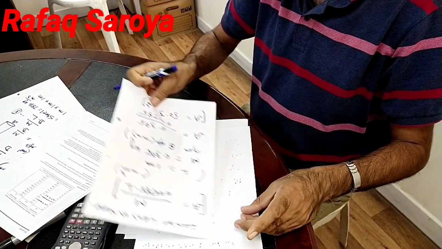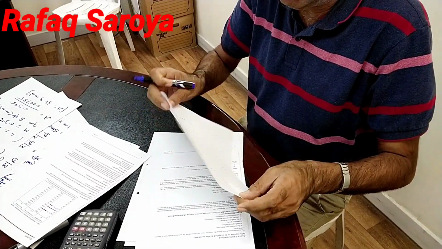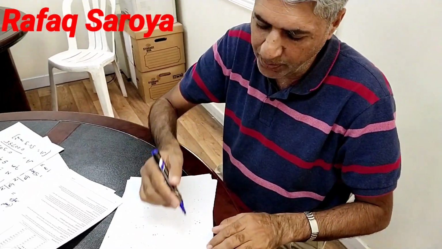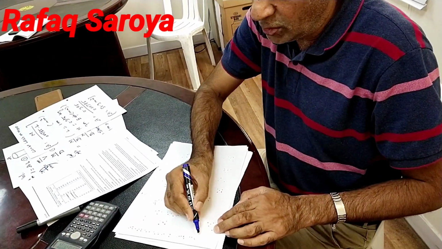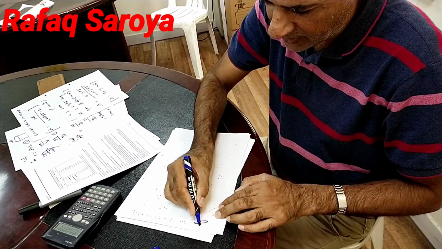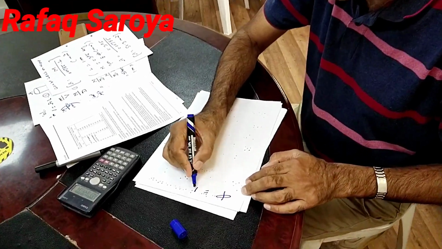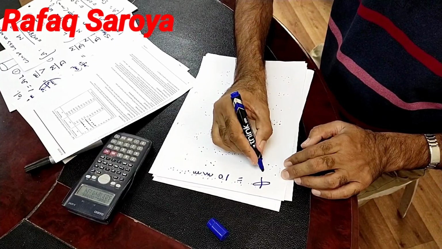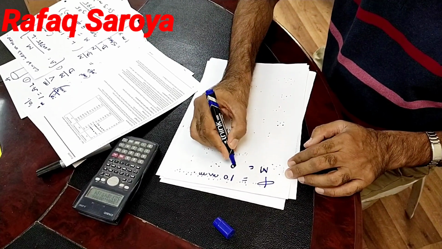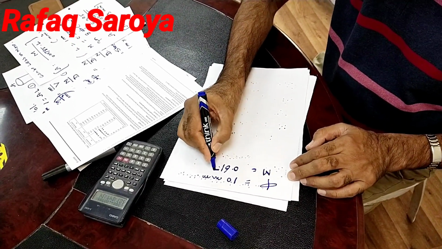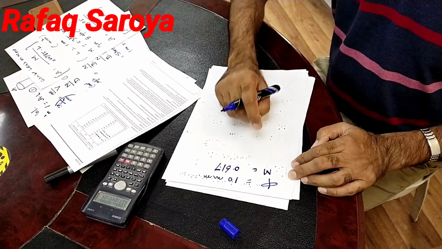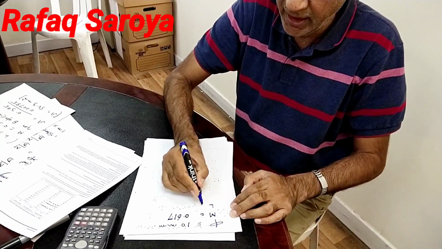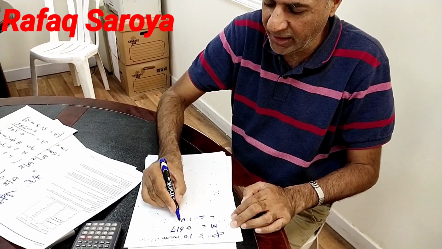Now I will give you another example so that it becomes easy for you to understand all these parameters. Suppose I have the steel whose dia is equal to 10 mm, and the mass of this steel is equal to 0.617 per unit length. Here still I am considering 1 unit length.